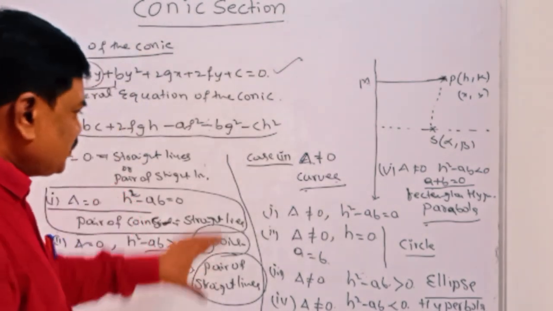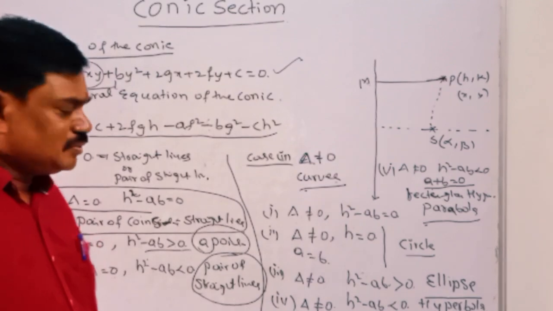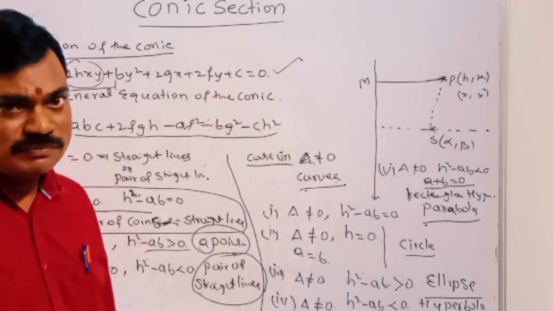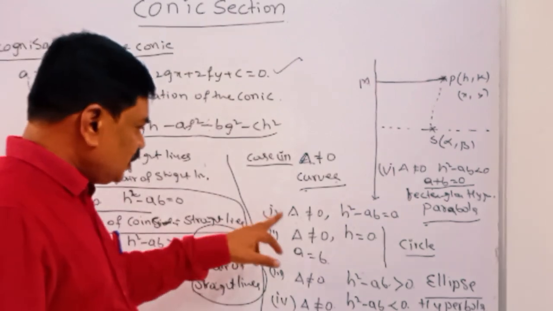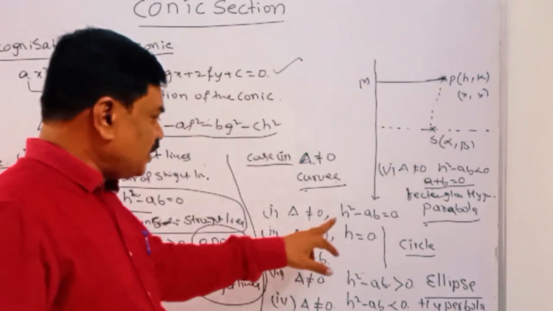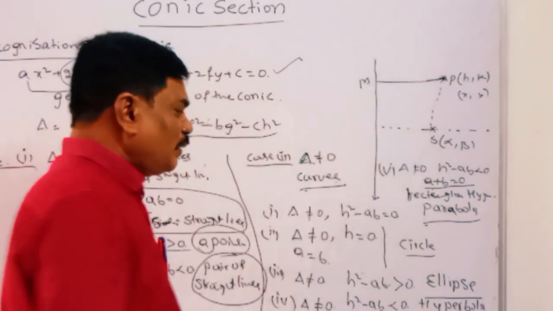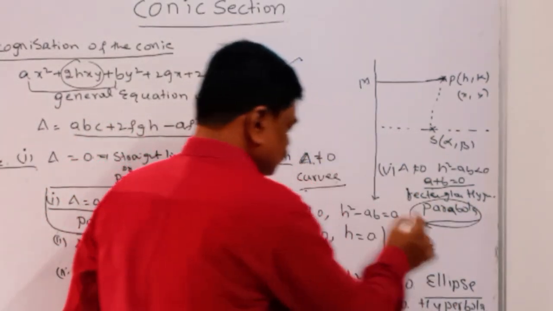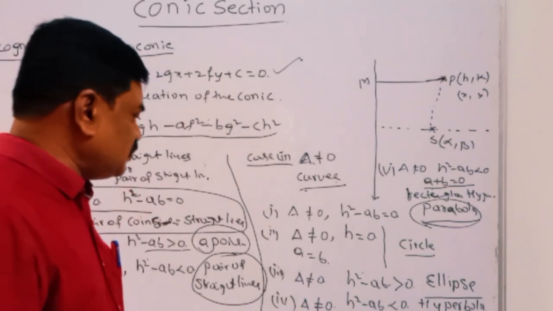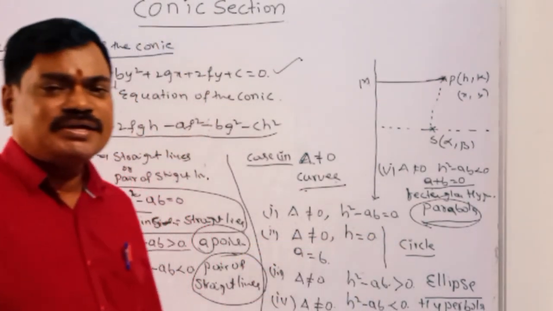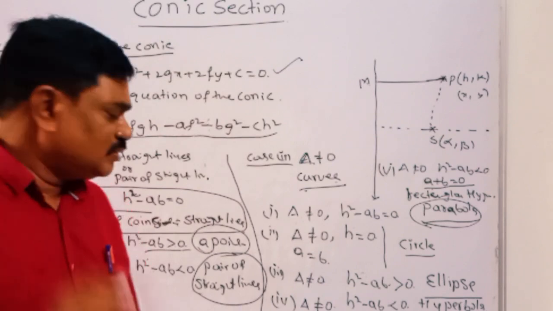Next, in case 2, delta not equal to 0, it represents a curve. So what are the curves? Delta not equal to 0, h square minus ab is equal to 0, it represents a parabola. Delta not equal to 0, h is equal to 0, a is equal to b, it represents a circle.